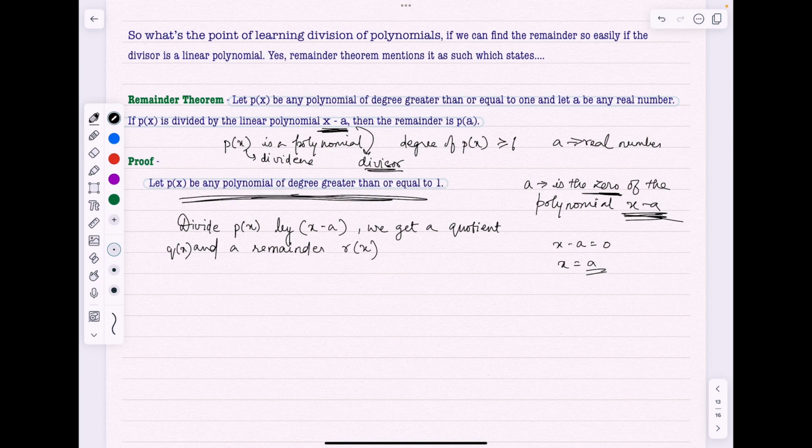Anytime you divide two polynomials, you are bound to get one quotient and one remainder.